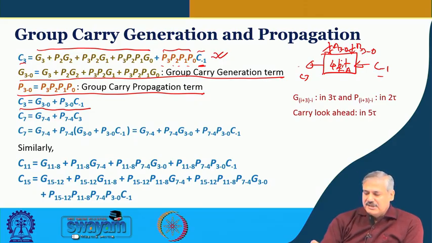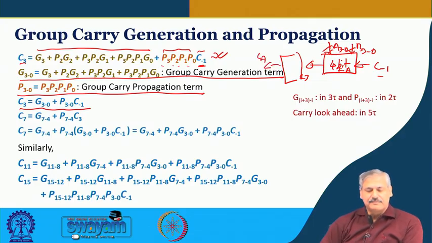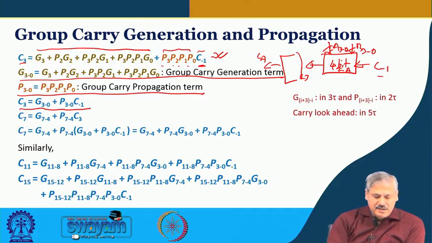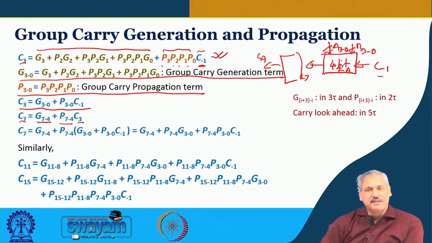Now, if there is another block after this which takes C3 as input and generates C7, this C7 can be written from the generation term and propagation term generated at that particular block, G7 to 4 and P7 to 4, with input as C3. This is just a similar thing.